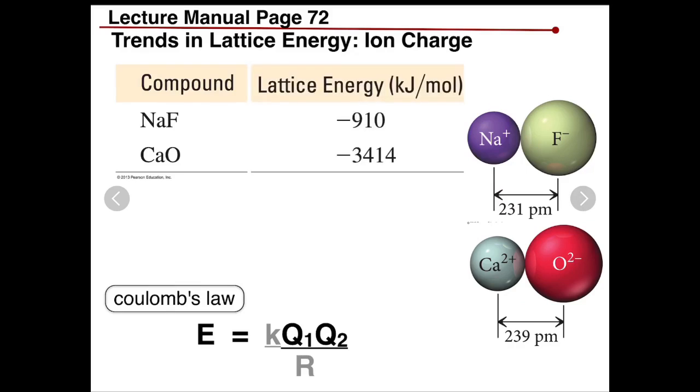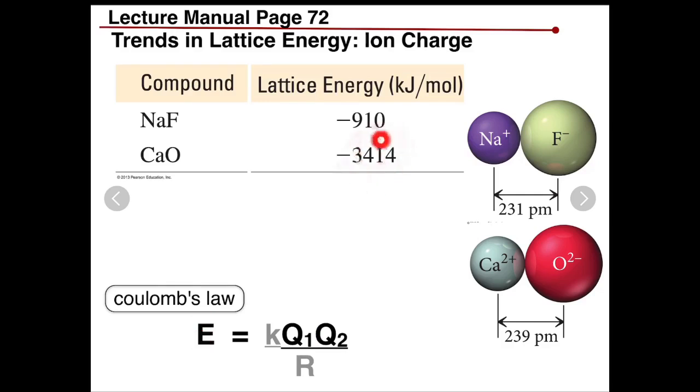If you're looking at this, we see clearly that the one with bigger charges has higher lattice energy, indicating a stronger attractive force between the two, which makes sense because energy is directly proportional to charges. If the charges are high, you are going to end up with a large value of the lattice energy as well.